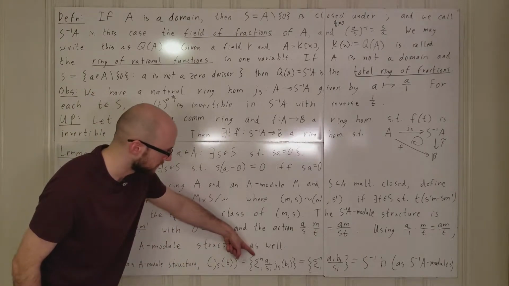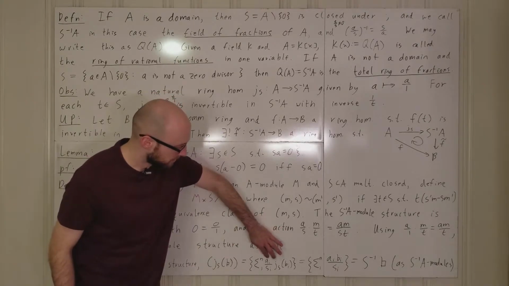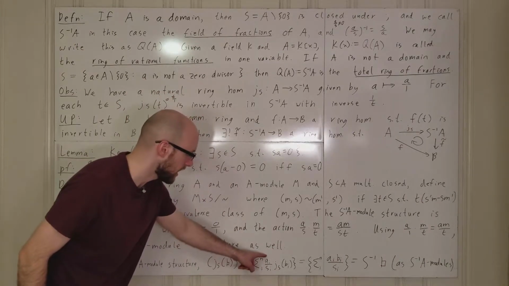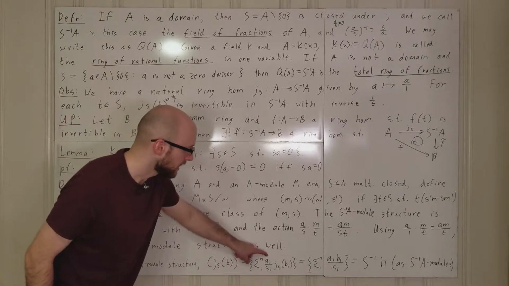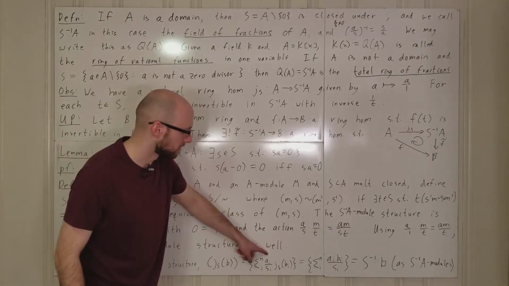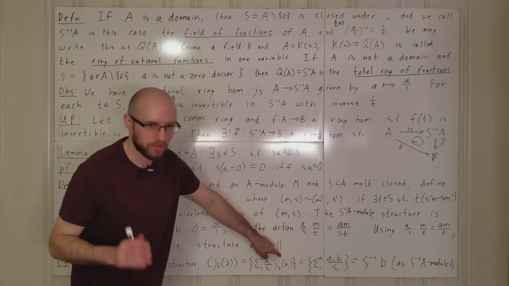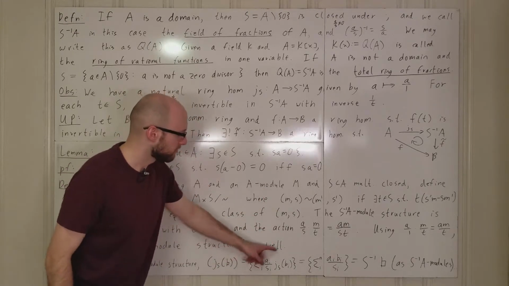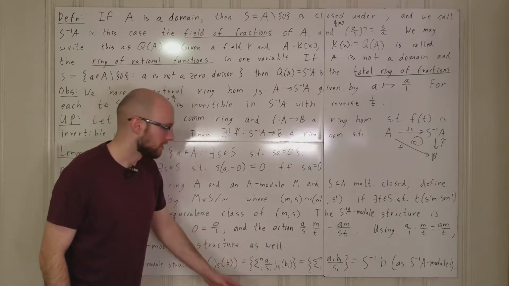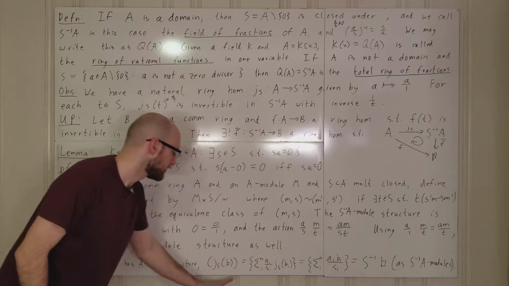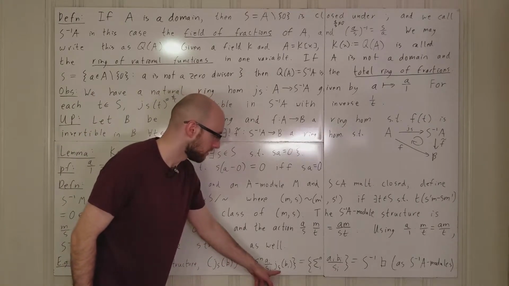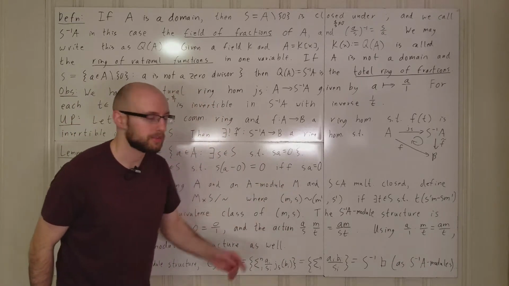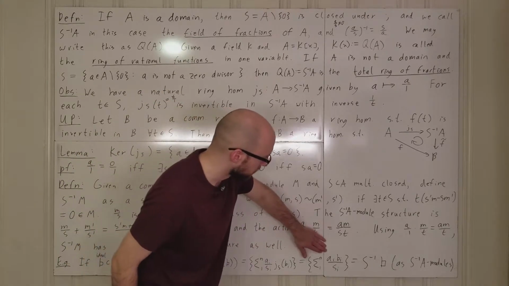This is just finite sums where you take linear combinations where the scalars are in S inverse A, that's the a_i over s_i, where a_i is in A and s_i is in S. These are the coefficients, or scalar multiples, of sort of the basis here, I'm not sure if that's the right word, but you could think of it as linear combinations of these things, these J_S of b_i, where each b_i is in B. And J_S of b_i is just b_i over 1, so this just becomes sums of this form.